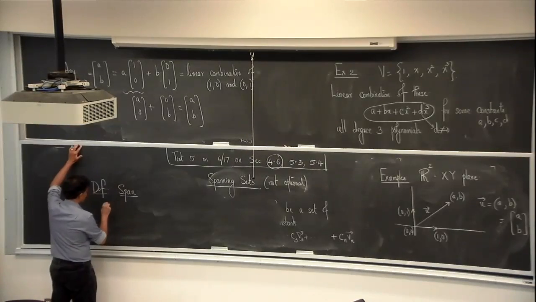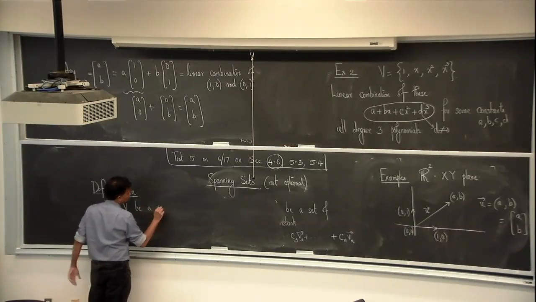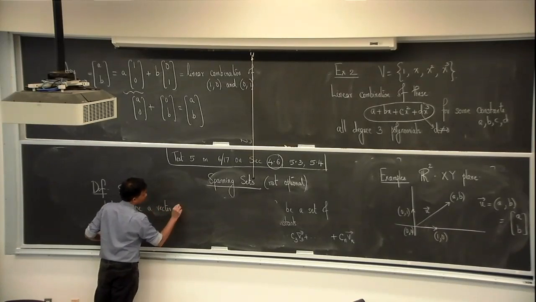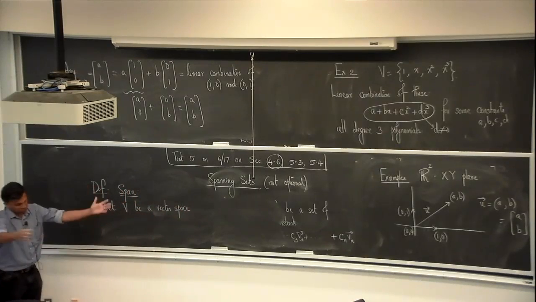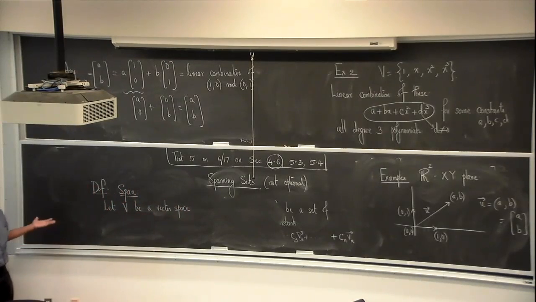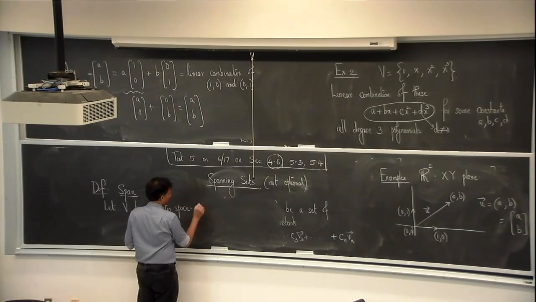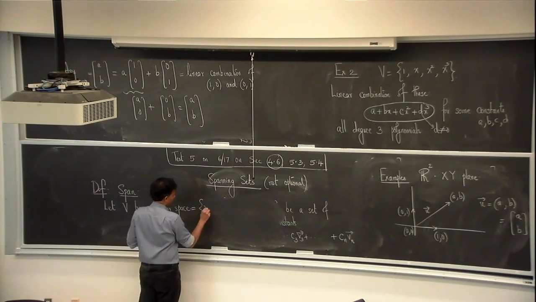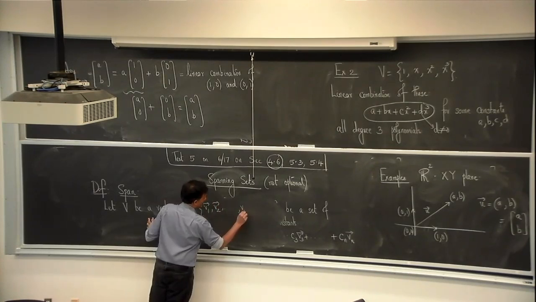So let V be a vector space. Whenever I make that statement, it means you've got a collection of items to play with. And let it be the set of vectors v1, v2, v3, dot dot dot, vn.